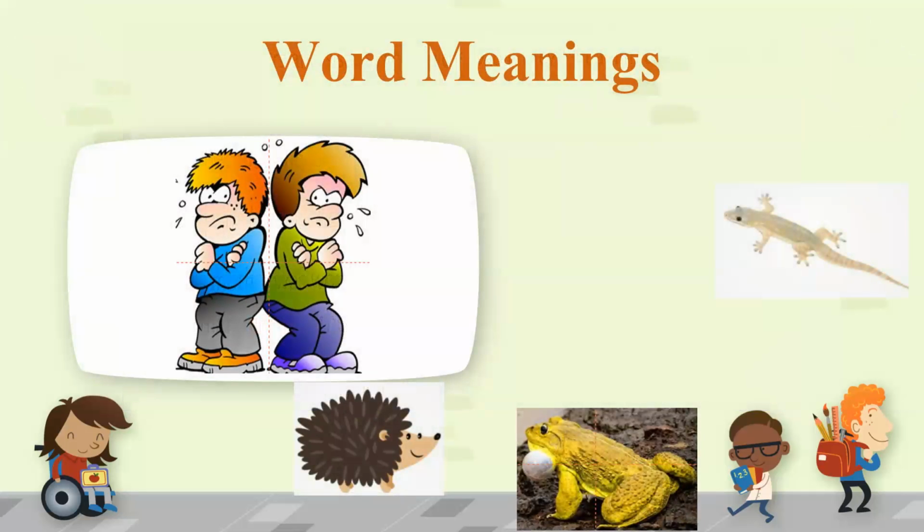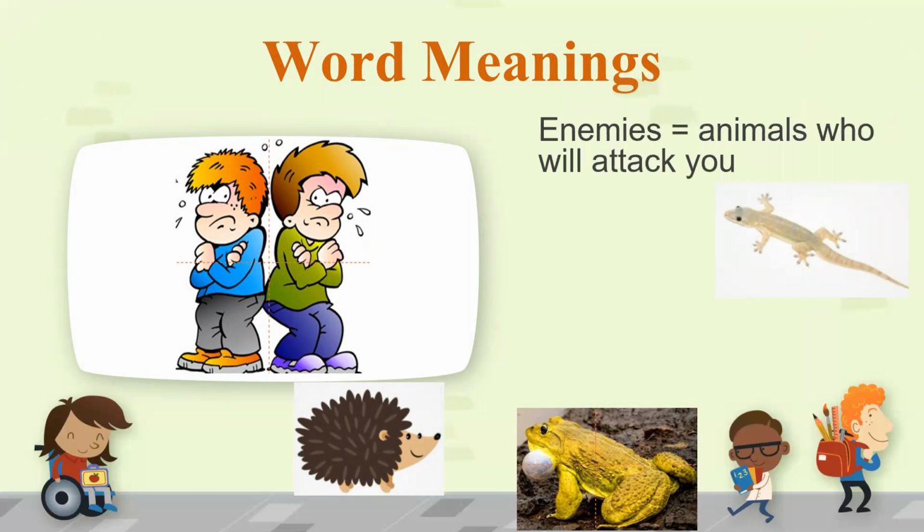Okay. Now some word meanings. Enemies: animals who will attack you. So in this lesson, enemies means those animals which will attack you. Okay. Lizard. See, you would have seen it in your home, roaming on the walls, ceiling and all.